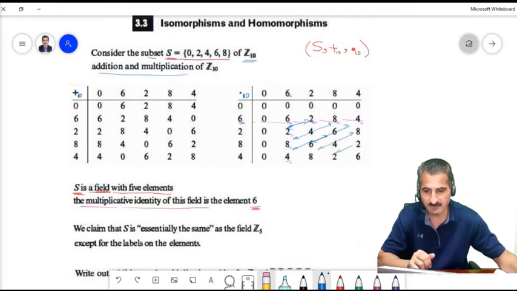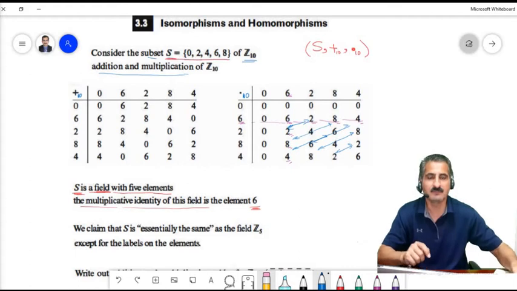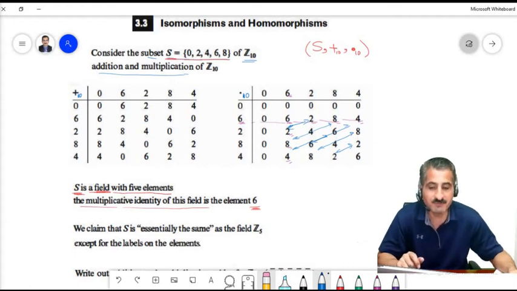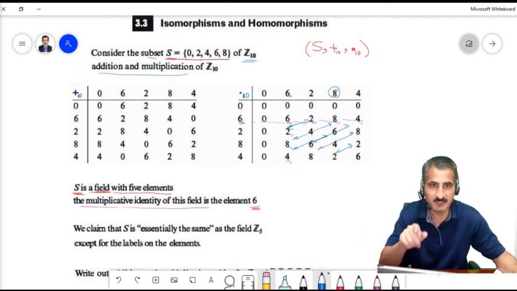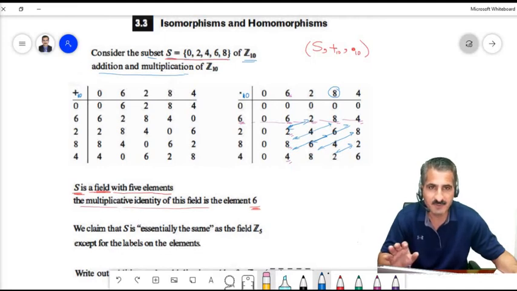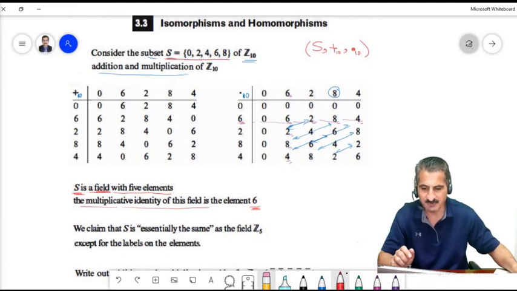Now, what about the inverse? What is the inverse of 8? It is an element that we multiply by 8 and get the identity. The identity here is 6. So what element do we multiply by 8 to get 6? Let's look for it. It is here.